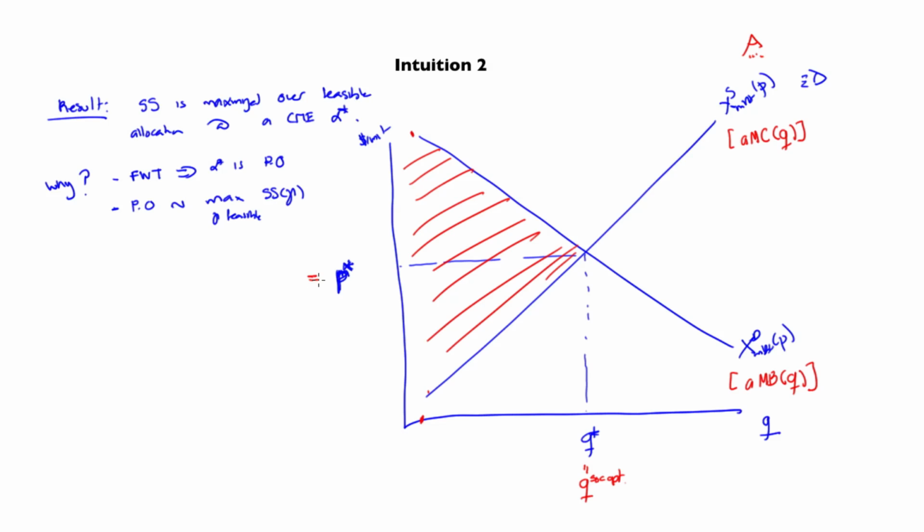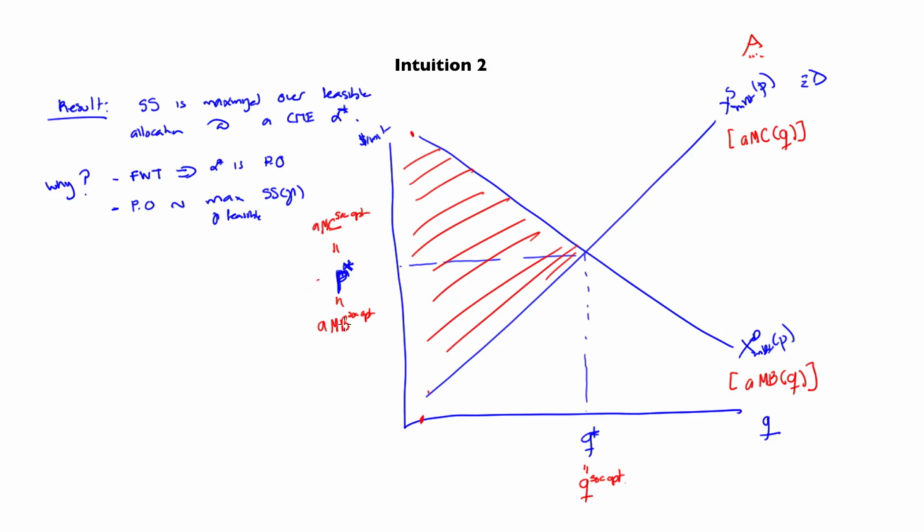And this price is the point at which the aggregate marginal benefit and aggregate marginal cost cross. So this price is also equal to the aggregate marginal cost at the optimum, and equal also to the aggregate marginal benefit at the optimum.